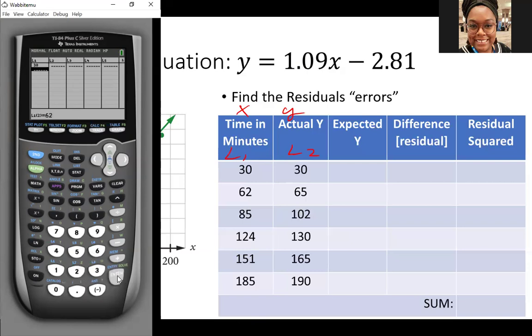30, 62, 85, 124, 151, 1. I didn't press enter hard enough. Okay, and then we're going to come over here and we have 30.